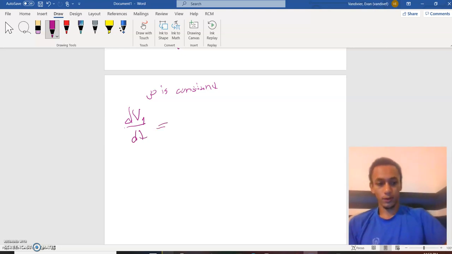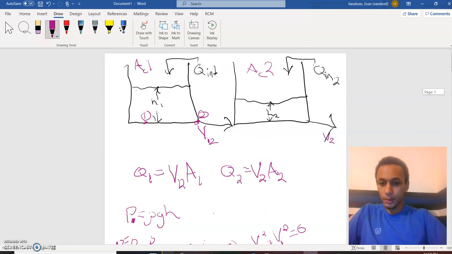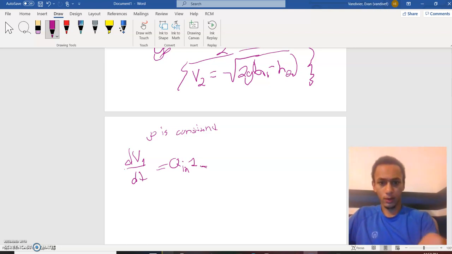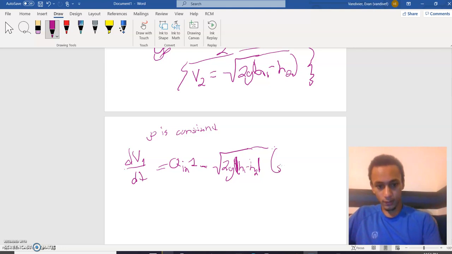It's going to equal the flow in of 1 minus Q12. Well, we had that, so we're going to have radical 2g h. We need the absolute value, because if that's negative, you can't do it. And to make sure we do have the right sign, we take the sign of H1 minus H2.